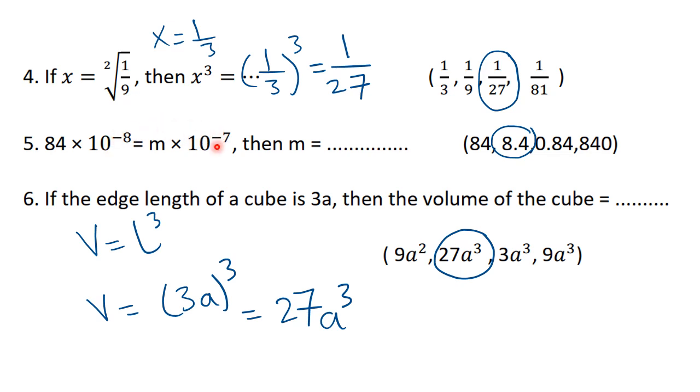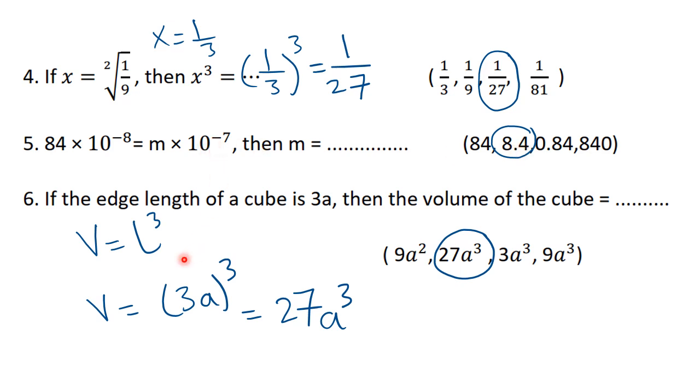So to balance this equation, we have to decrease this, so we have to divide this number by 10. So we will add a decimal point here, so it will be 8.4 times 10 power negative 7. Or we can just use the calculator and try this. It will actually give me 8.4 times 10 power negative 7.